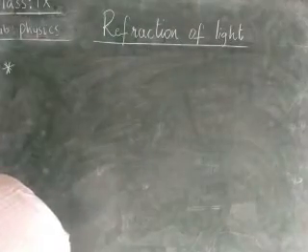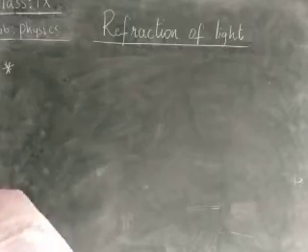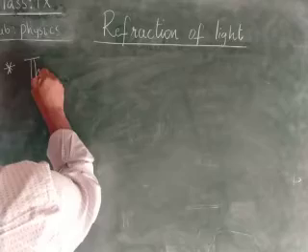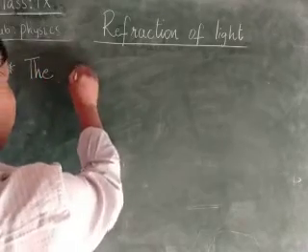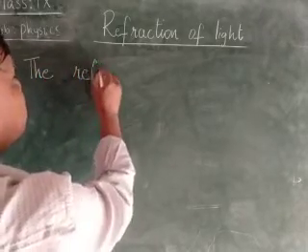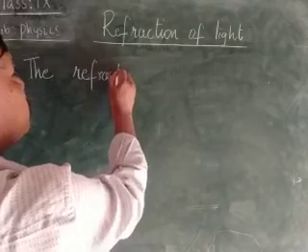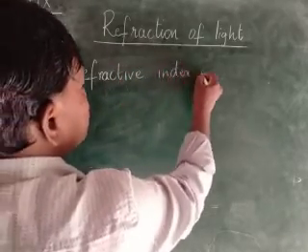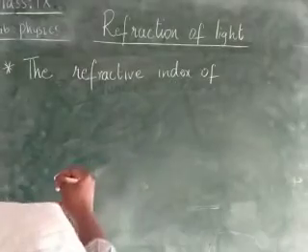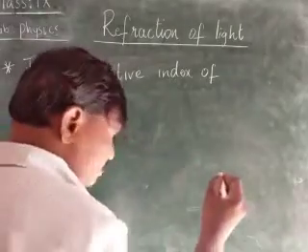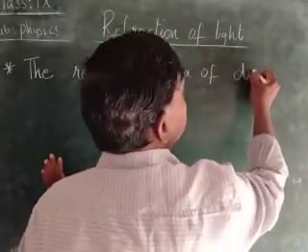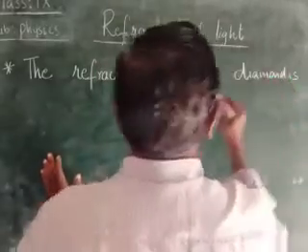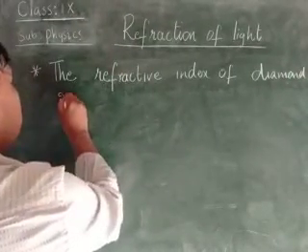Here, the refractive index of diamond is 2.42.